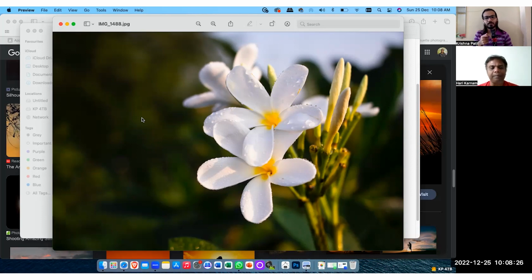So that's the reason you can see this nice bokeh in your image. Perfect. So what exactly did we learn here? If you have any lens and use these three fundamentals, you can capture a very nice blurred background in your image.